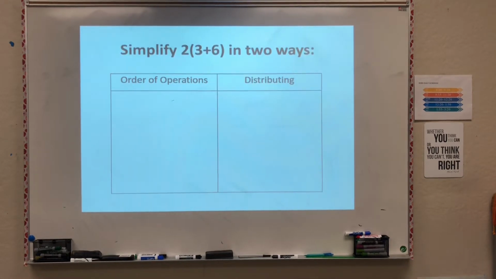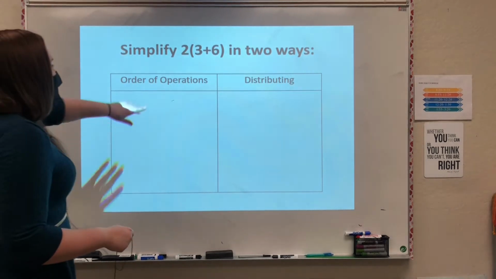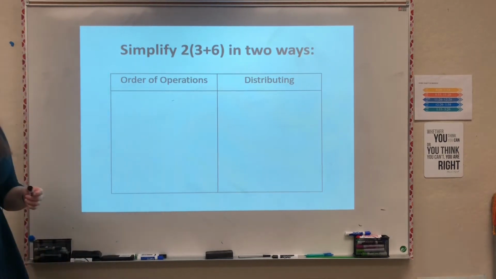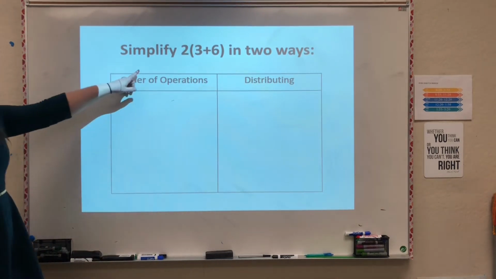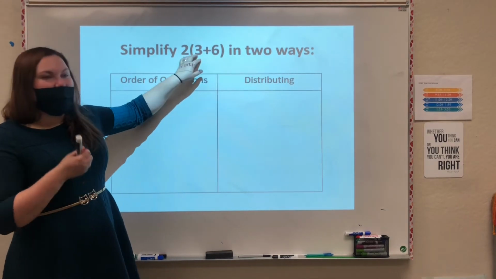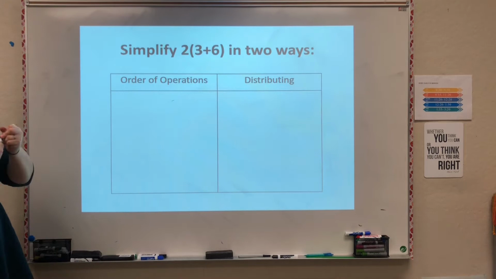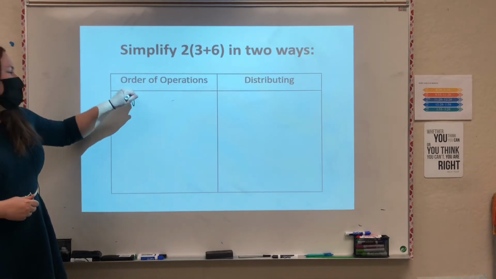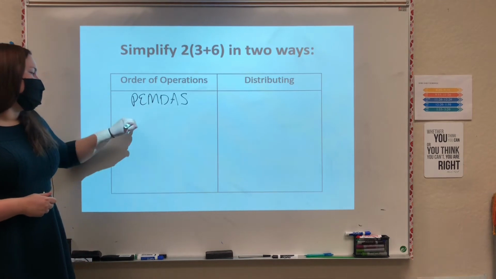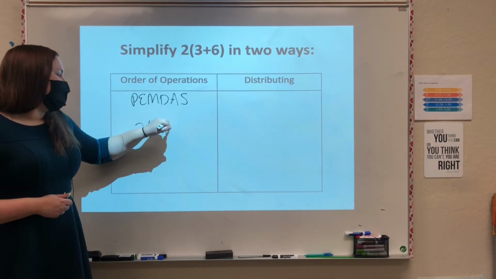In order to help us talk about what distribute means in math, I've got this problem right here, and we're going to talk about 2 different ways to solve it. I've given stuff like this to you in the past, and what would you use to help you simplify this? Perfect. So order of operations, if we're using PEMDAS to tell us how to do this math, what would you want to do first?